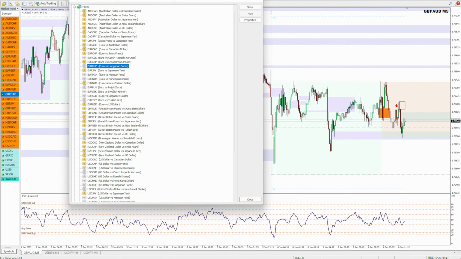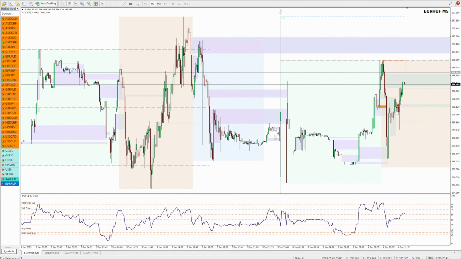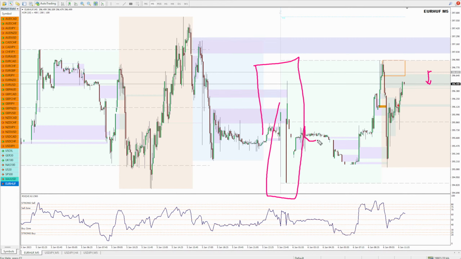Hungarian forint. No. The reason I don't trade them is because of the spreads. And look at the volume. Look at the volatility and the volume on these things. Look at this crap. It's untradeable.